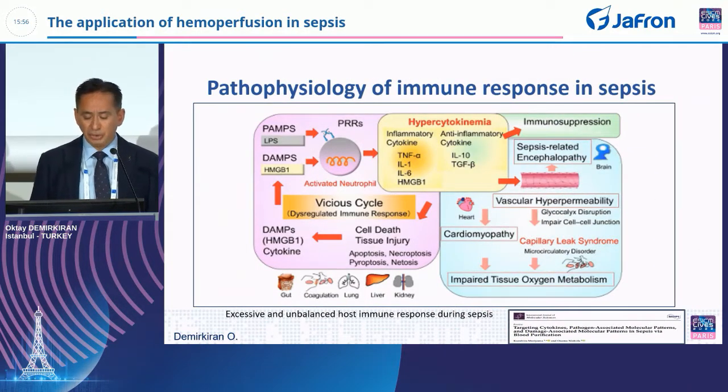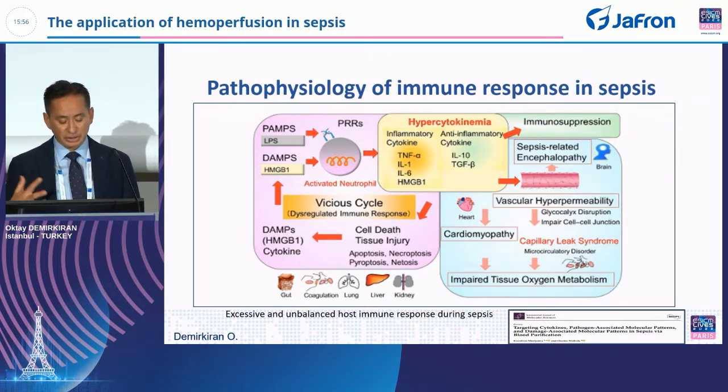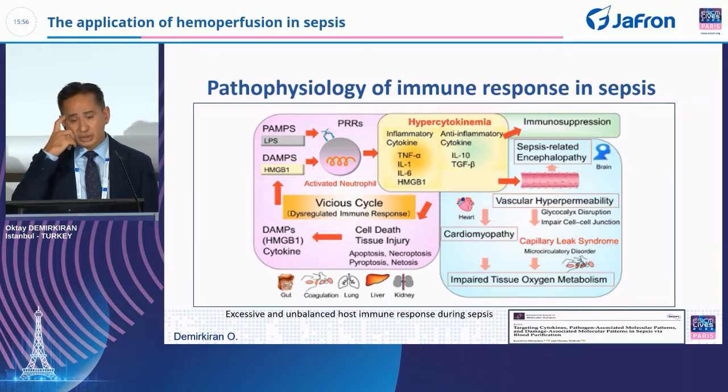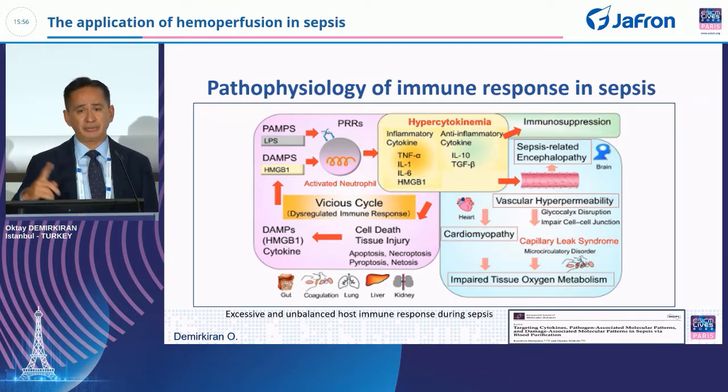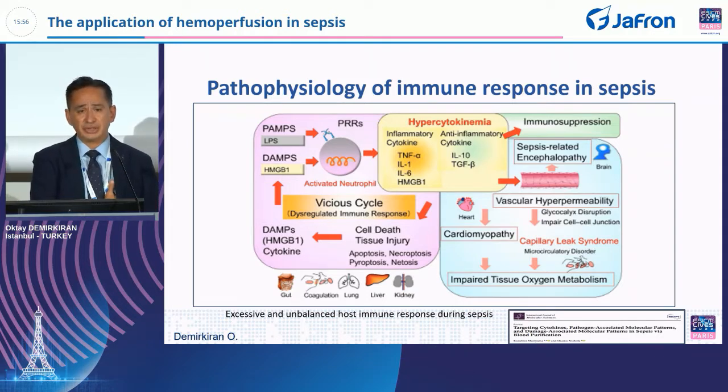The immune response in sepsis is an excessive and unbalanced host immune response, and that's why we have to do something for this and stop it at any step to be successful in treating sepsis.